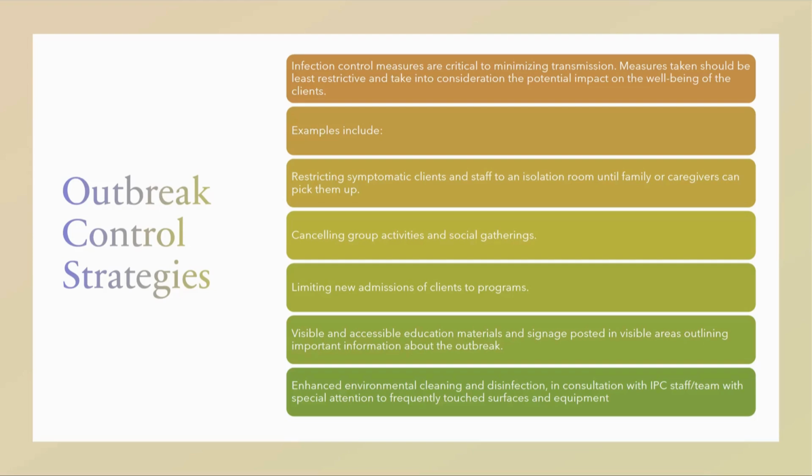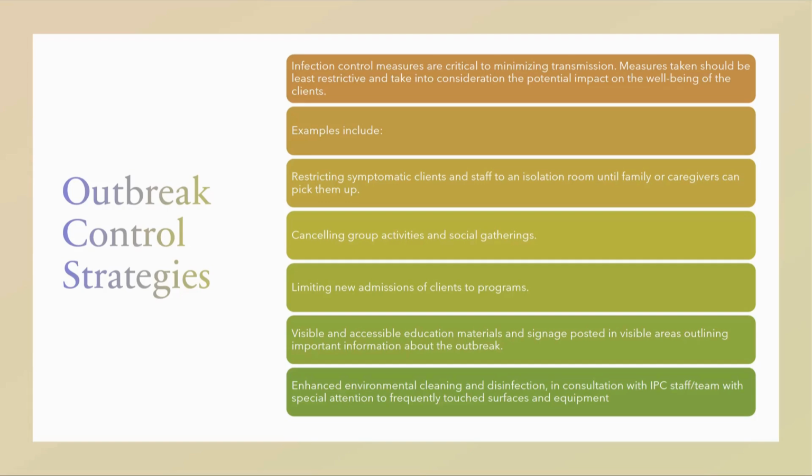You have to think about the well-being of that person. Is it a great idea that I shove them in an isolation room until a caregiver comes? They have mental issues or dementia. They may become overly aggressive. Where do I put them?